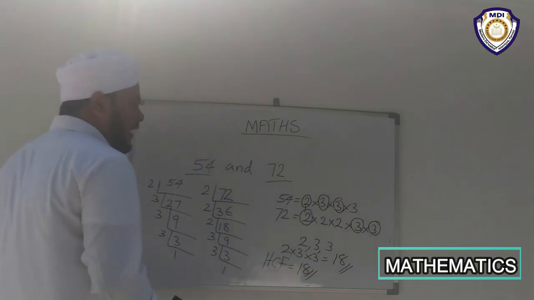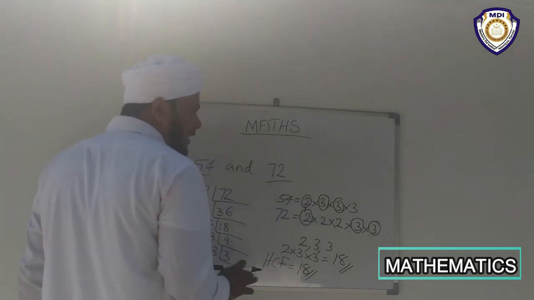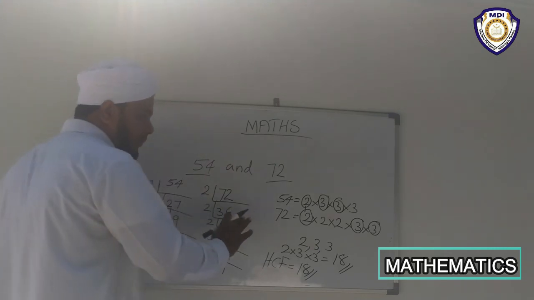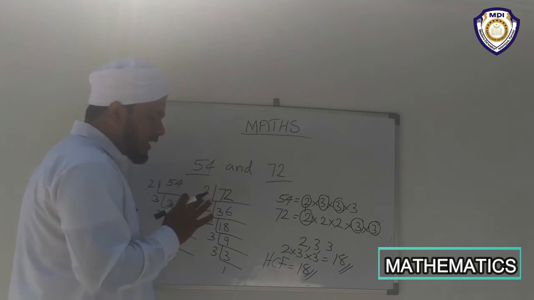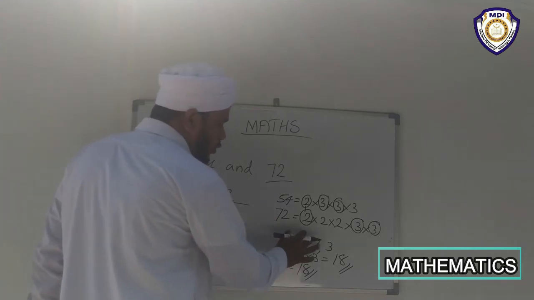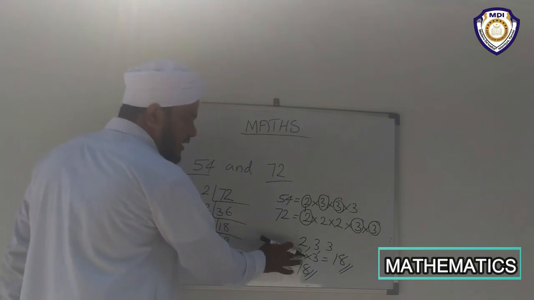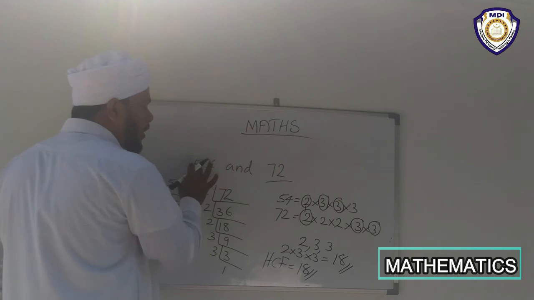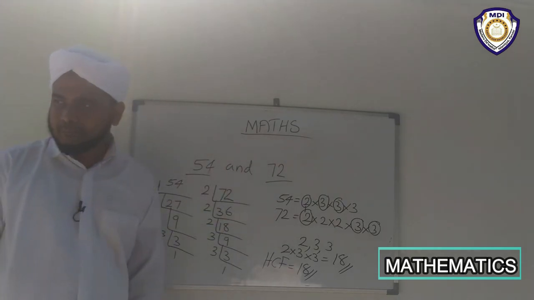There are only 3 common factors, 2, 3, 3. Next we multiply these numbers and get the HCF. 2 into 3 is 6, 6 into 3 is 18. Then 18 is the HCF of 54 and 72.